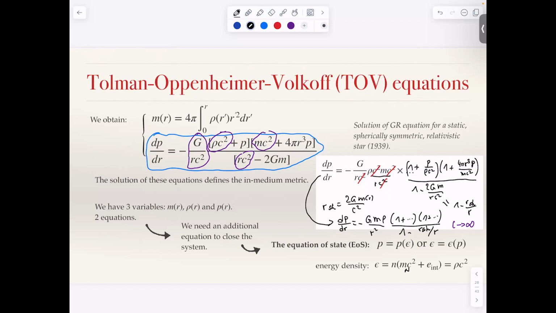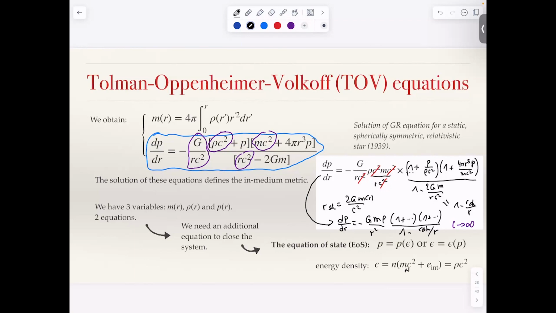But in principle, this is the average between the masses of the components. If you have more than a single fluid, you have to sum the masses times the densities.